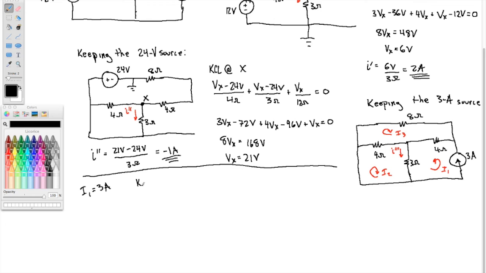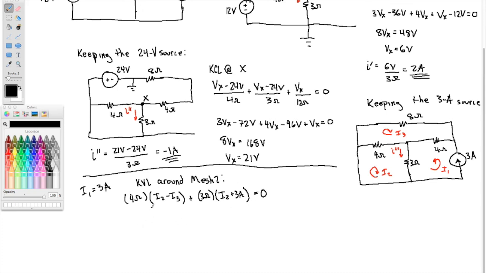So KVL around mesh 2: that's 4 ohms times (I2 minus I3), then plus 3 ohms times I2 plus 3 amps equals 0.